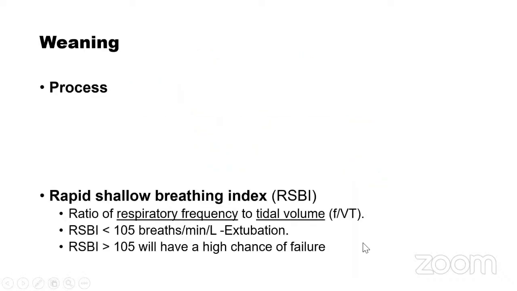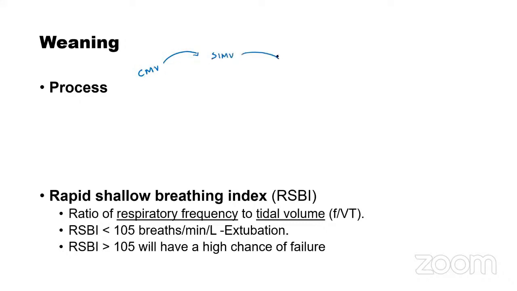Process of weaning. Weaning is nothing but gradually taking the patient off the ventilator. This is a very complex, I could say, or very scientific method of doing. First, to start with, you put the patient on CMV, which we have already seen. Then you put the patient on SIMV.